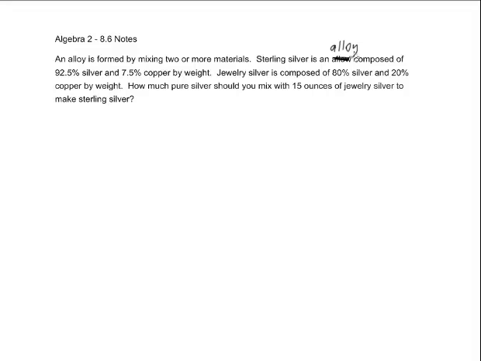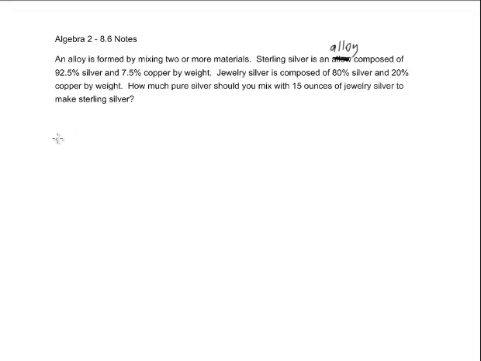Alright, so the question here is we're trying to figure out exactly how much to mix of what to get sterling silver. So the percent of the copper in the mixture, let's talk about that first.